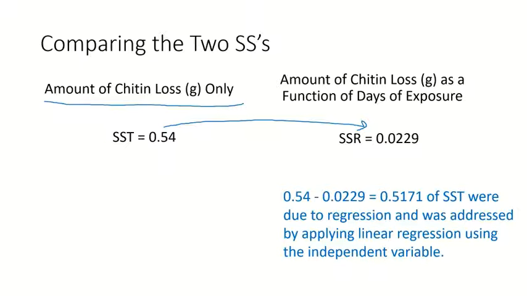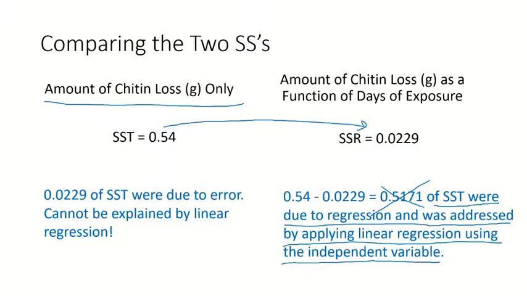So this is the sum of squares total due to regression and was addressed by applying linear regression using the independent variable. So thanks to our use of the independent variable, we are able to remove this error from 0.54 now to 0.0229.